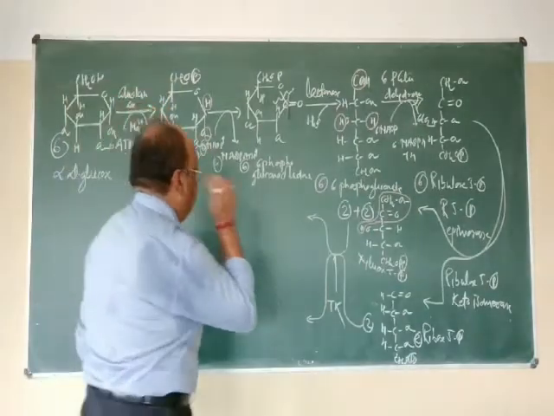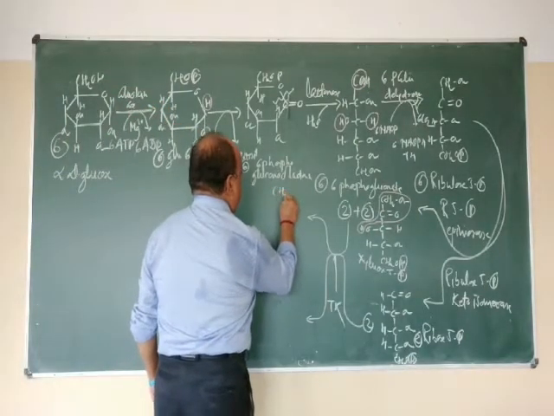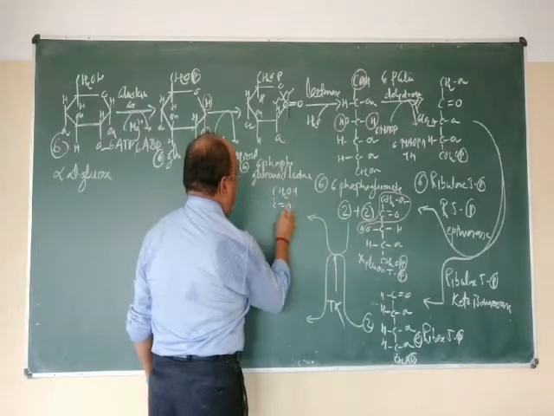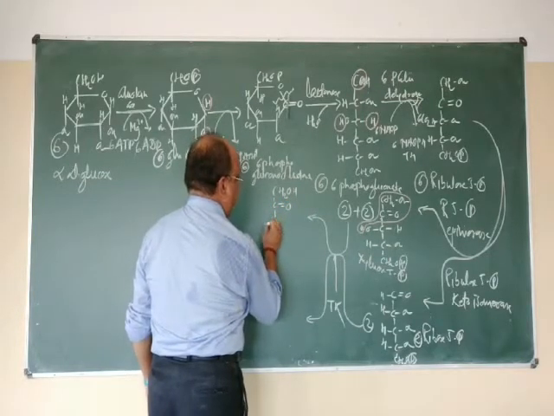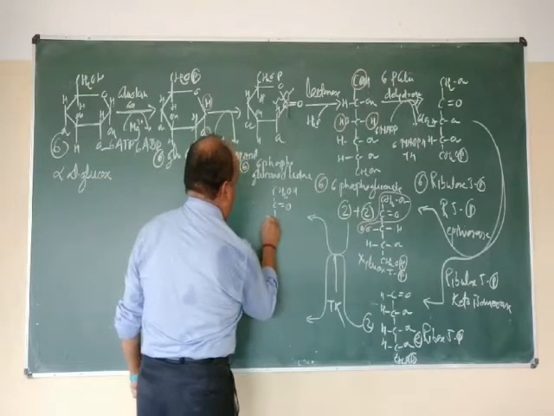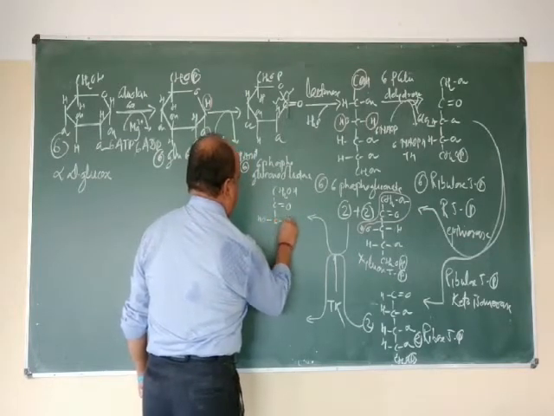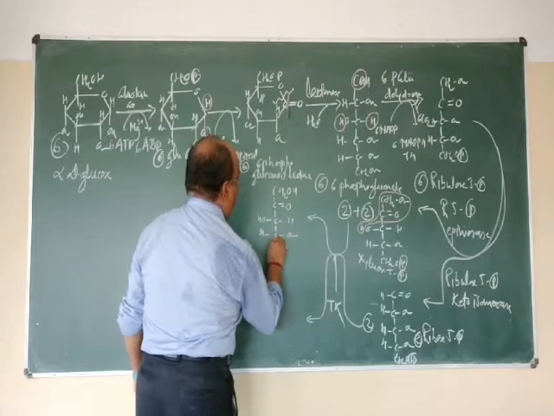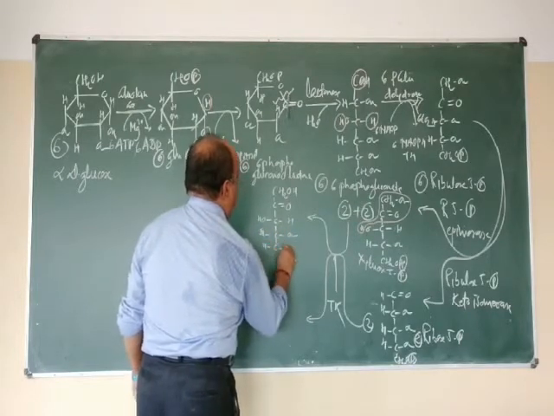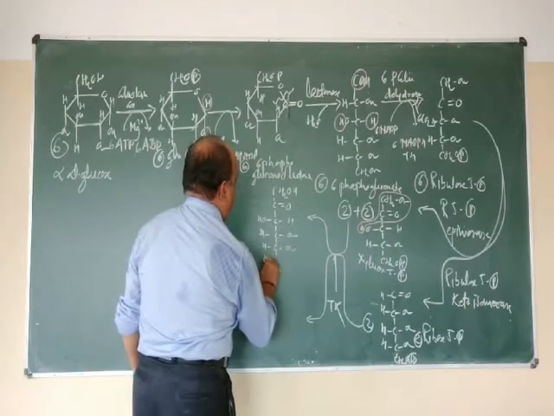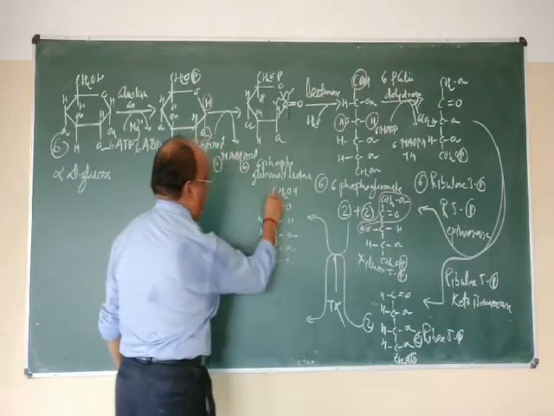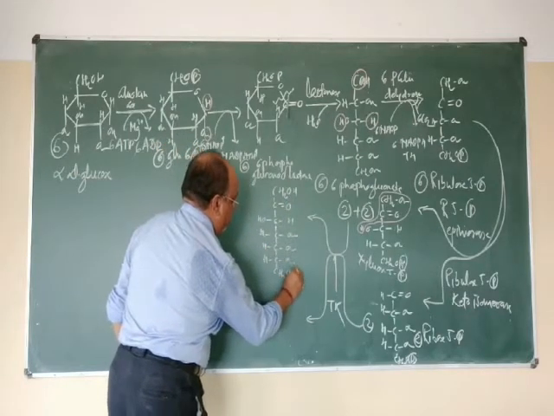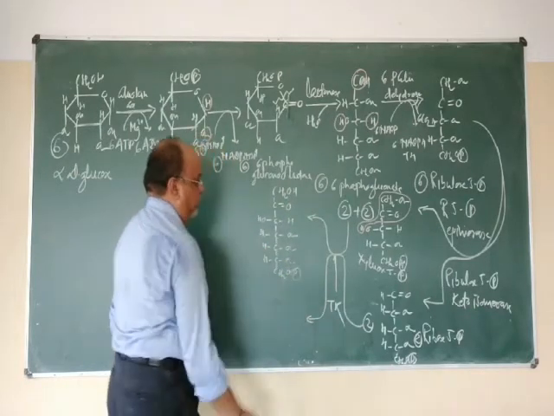That 7 carbon sugar is like this. Let us draw the structure of the 7 carbon sugar. CH2OH, C double bond O, here OH, C H, C OH, C OH, again H, C, 1, 2, 3, 4, 5, 6. And the last one is what? CH2OP. So this is nothing but what?